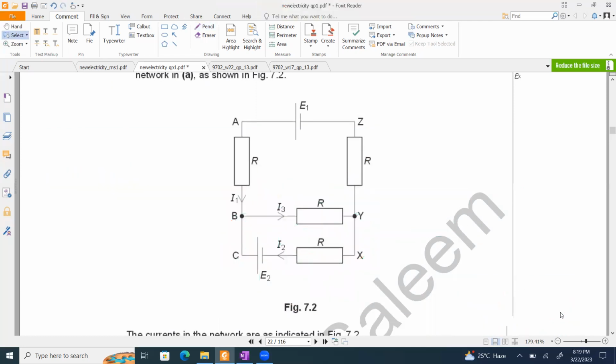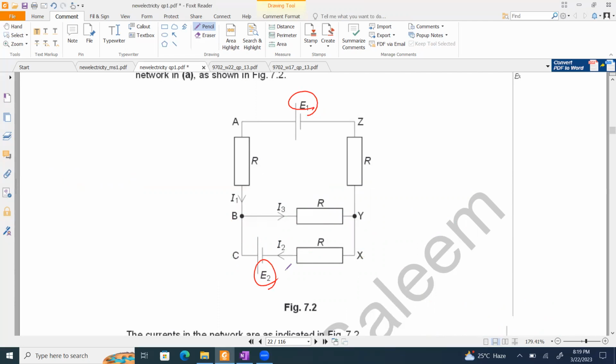There are two sources of EMF now, E1 and E2, right? First, tell me whether they are connected in a right way or in a wrong way.